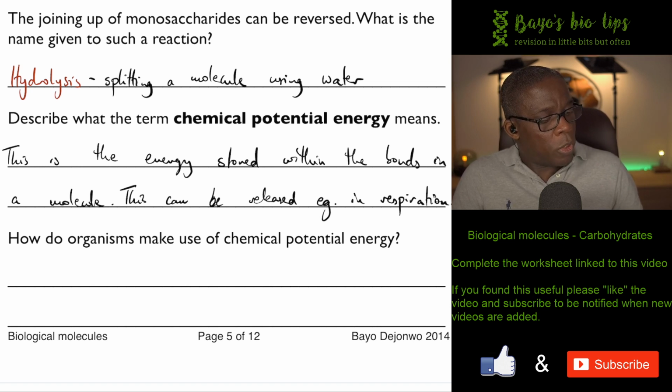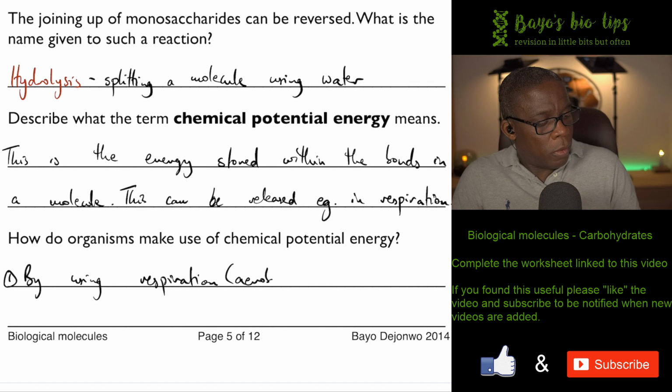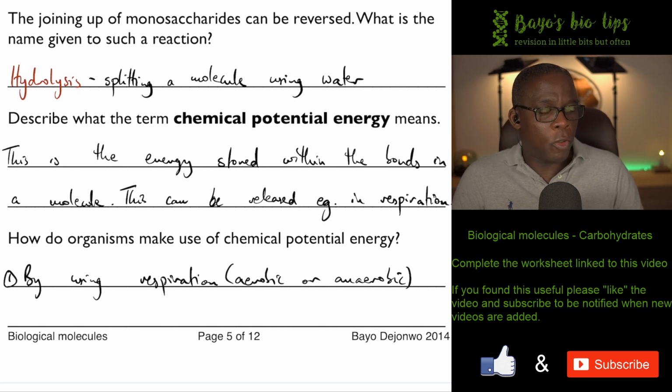Okay, so how do organisms make use of chemical potential energy? As I've already said, by using a process like respiration, either aerobically or anaerobically. And you'd have come across respiration at GCSE. It's a chemical process used in cells to release energy from biological molecules like glucose.